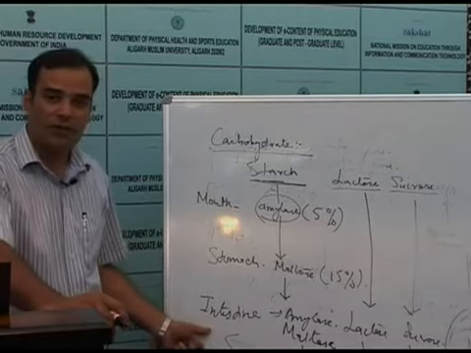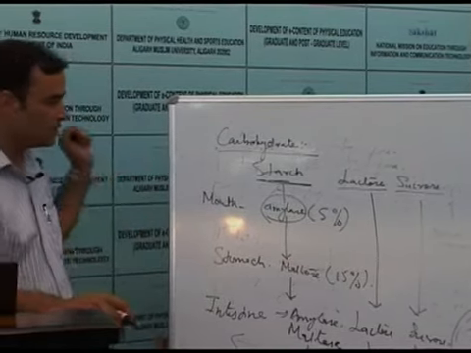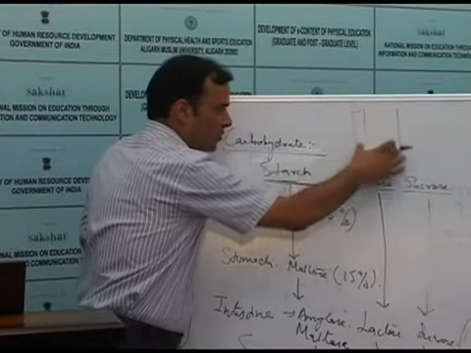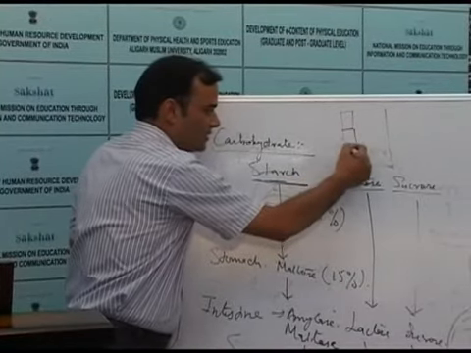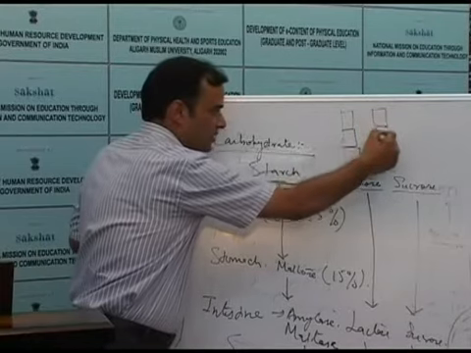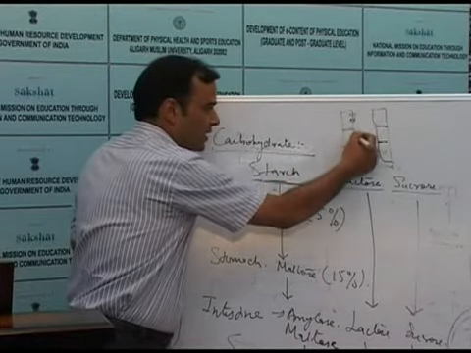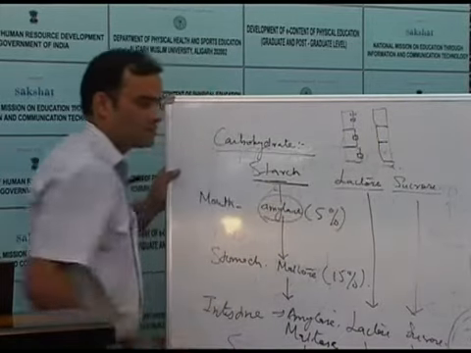move forward for absorption into the small intestine, if this is the lumen of the small intestine, these are the cells that line the small intestine. These cells are called enterocytes, and these enterocytes contain many membrane-bound enzymes.